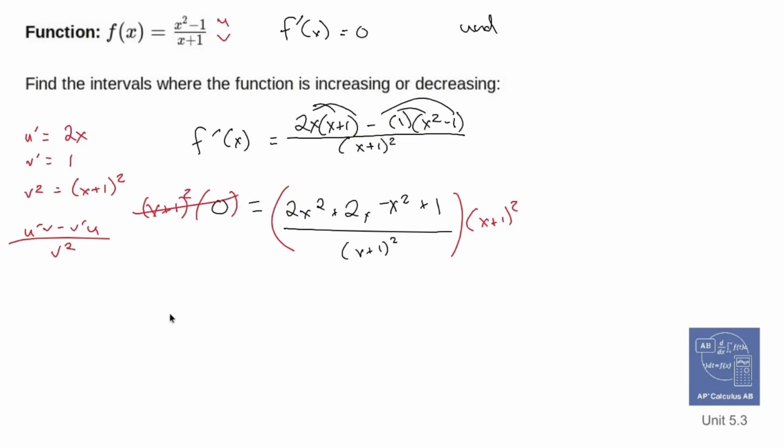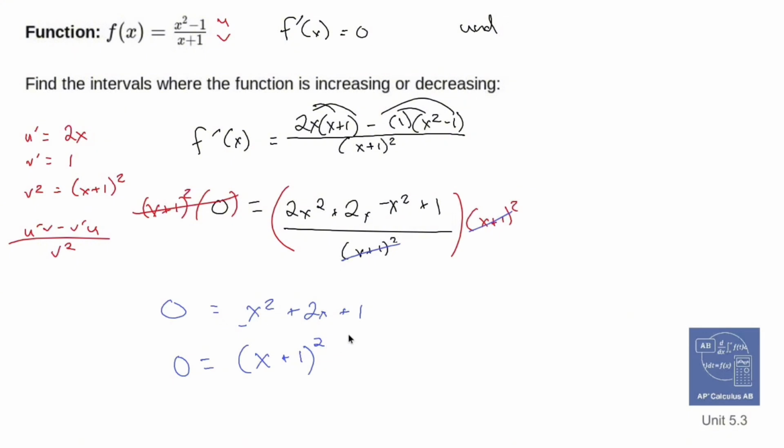So 0 on the left, you're gone. We have 2x squared minus regular x squared is going to equal x squared plus 2x plus 1. That is a perfect square trinomial. So 0 is going to equal x plus 1 squared.